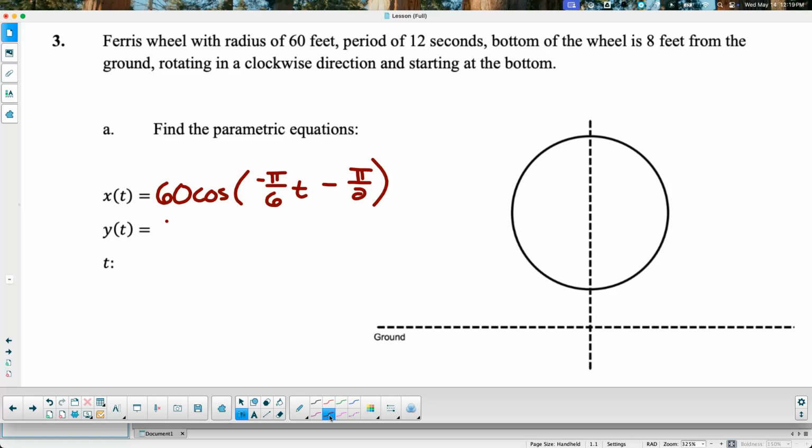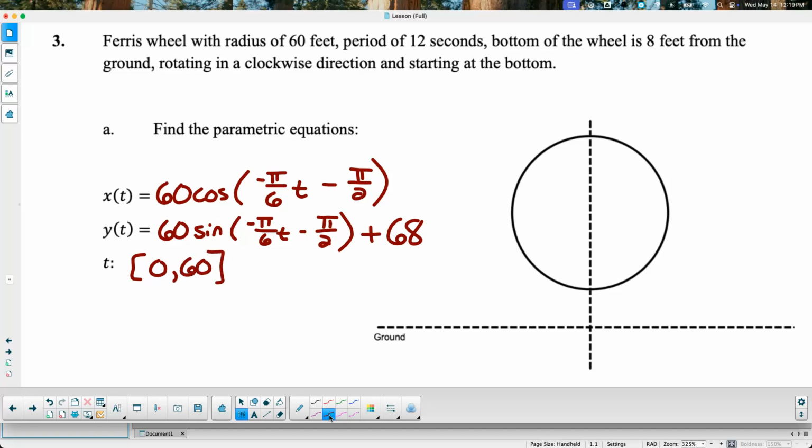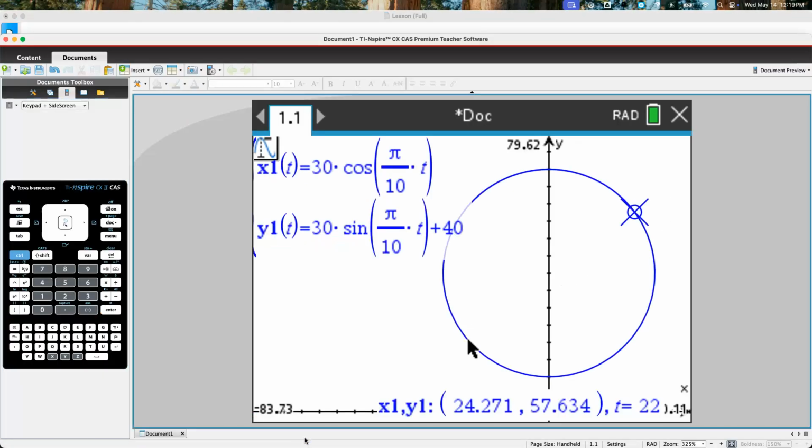And then we should have had 60 sine of negative pi over 6t minus pi over 2, but then plus 68. Okay? We have a t value of from 0 to 12. That's fine. I'm going to go 0 to 60 because then that gives me 5 revolutions. Okay? So give me a second here to get that one typed in.